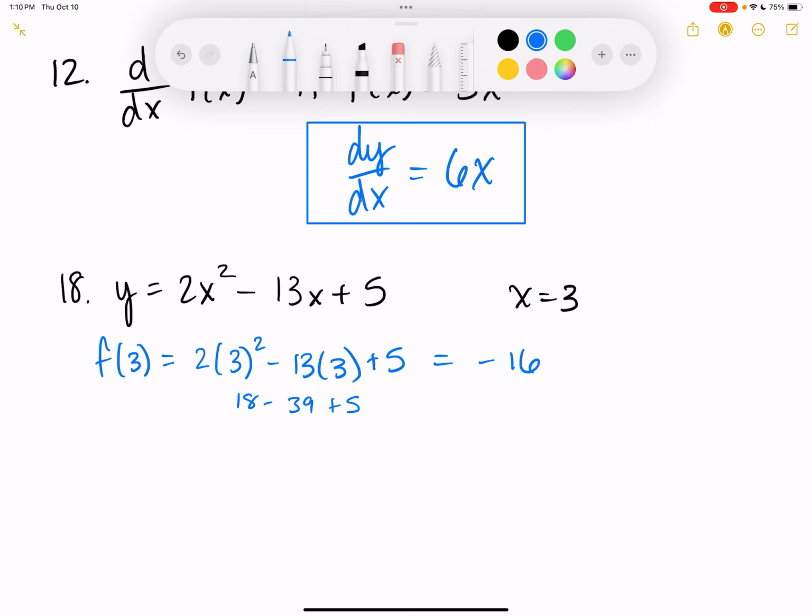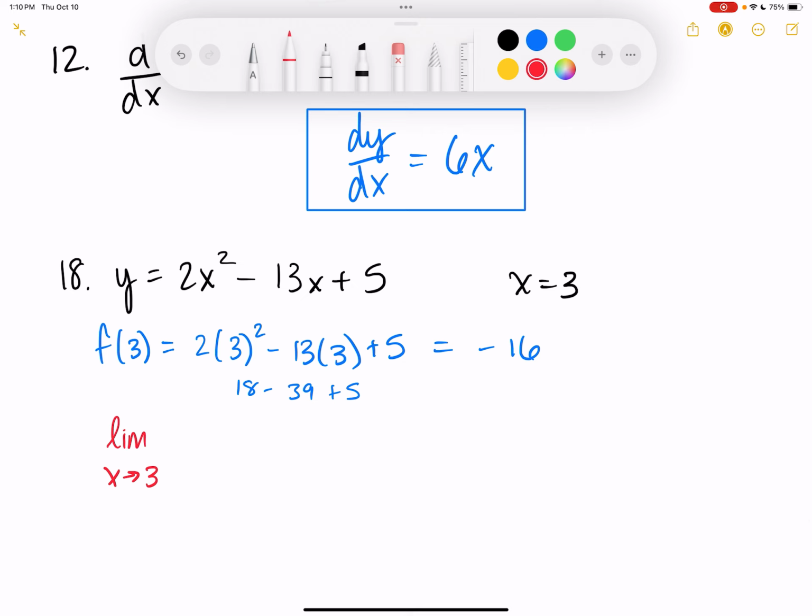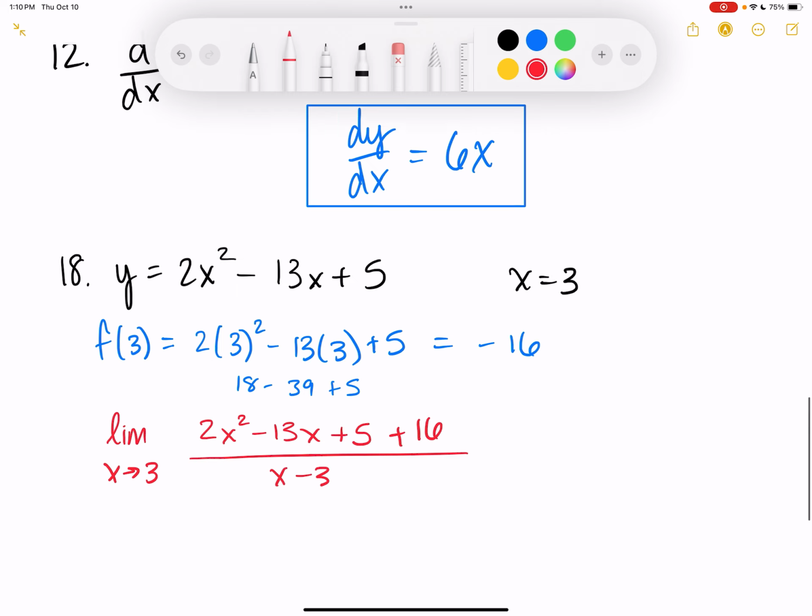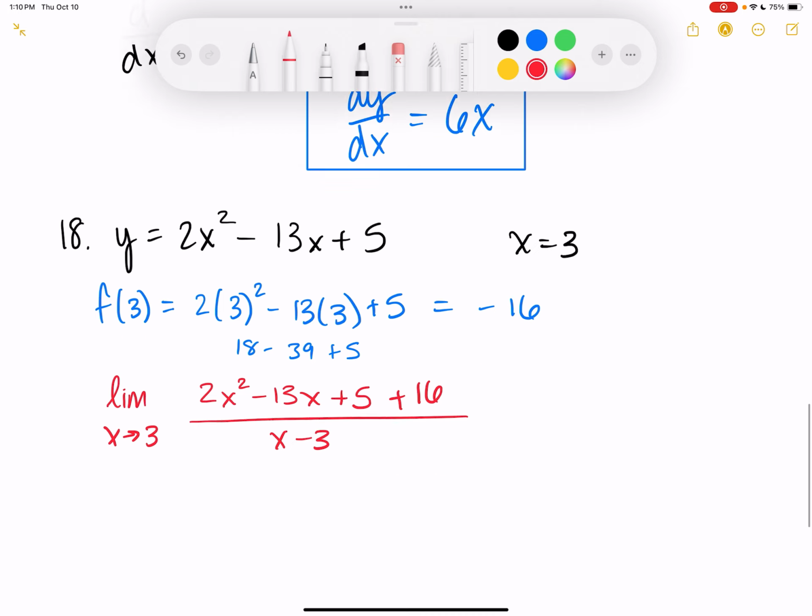All right, so now the limit as x approaches a, so x approaches 3, of f of x. We just copy this down exactly as it is, so 2x squared minus 13x plus 5 minus f of a. Well, f of a is negative 16, so that's going to be plus 16 all over x minus 3. Forgot that we had something on the bottom.